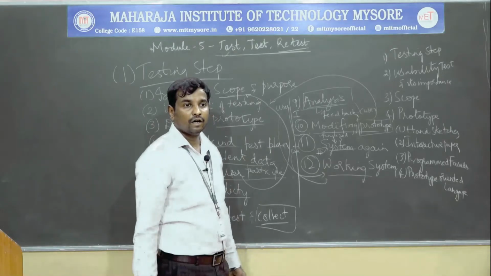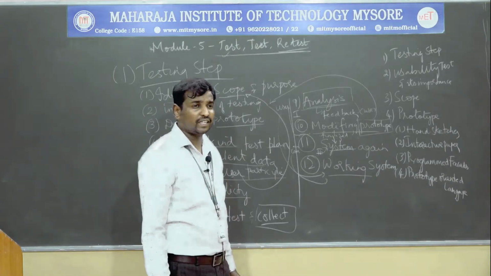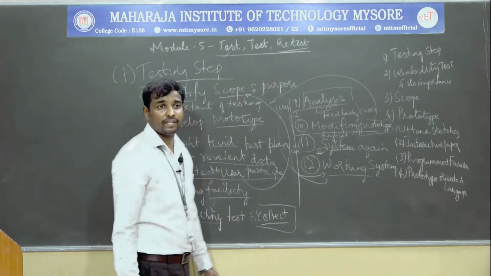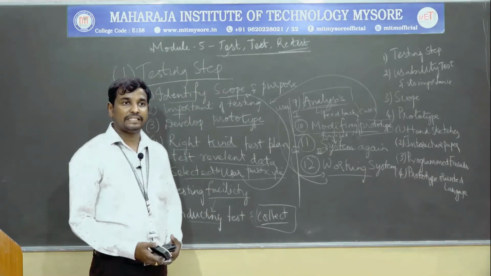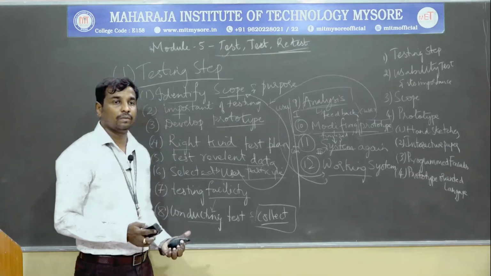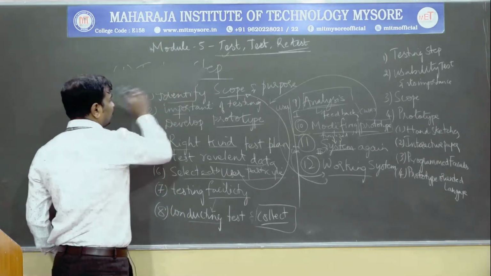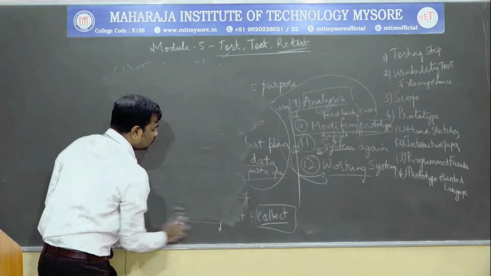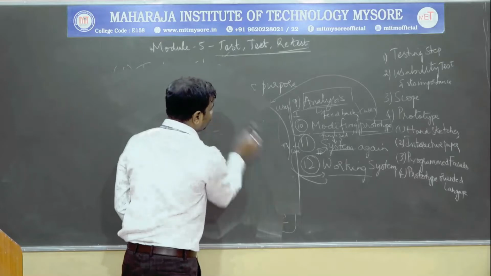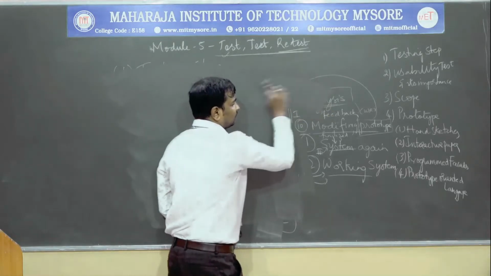Next we need to design all these testing operations with respect to the usability test itself. Usability test means we need to bridge a gap between the users who are interacting with the prototypes and the developers.